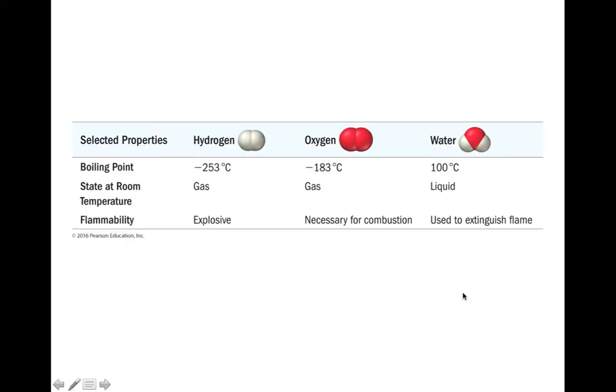So let's go to the next table. This is on the top. I don't remember what page this is on, but it's in your textbook. And look what we have here. The boiling point of hydrogen gas is, wow, very cold. In other words, in order to get liquid hydrogen, you've got to be below that temperature because that's the boiling point. Oxygen gas, also very cold, right? Look at that.